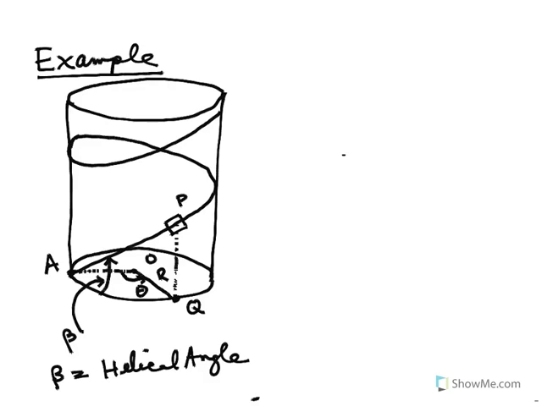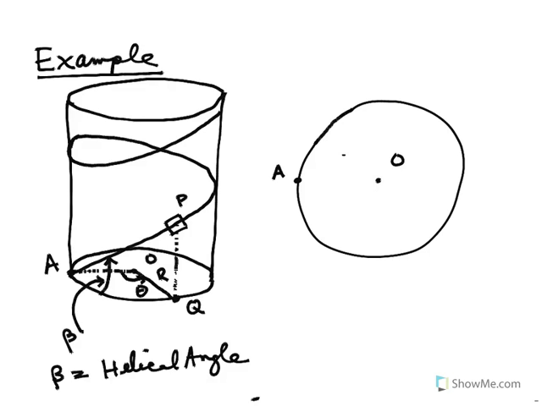And it is such that when you look down on this picture and you look down on the circular cross-section, here's what you see. You don't see a helix. You see the quantities. There's the point A. There's the point O. There's the point Q. And then this angle that's formed between the vector from OA to the vector from O to Q, or the direction OQ, this is the angle theta.